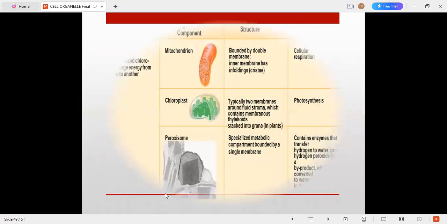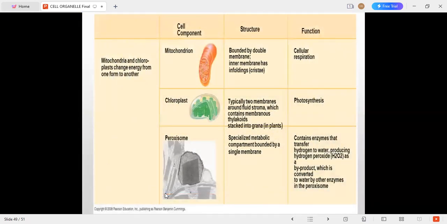The next organelle is the mitochondrion. Mitochondria and chloroplasts change energy from one form to another. Mitochondria are bounded by a double membrane, an inner membrane and an outer membrane. They are responsible for cellular respiration.